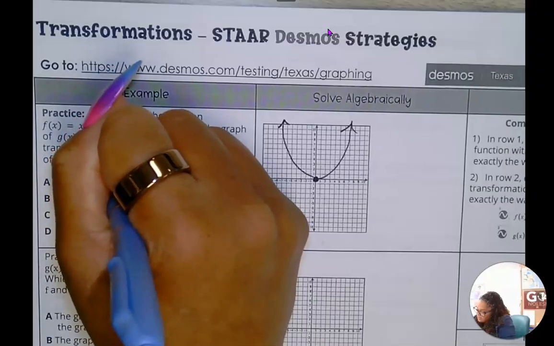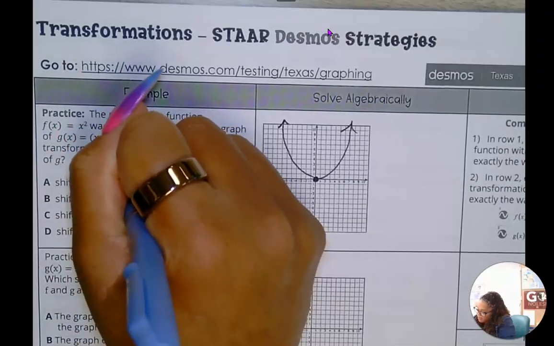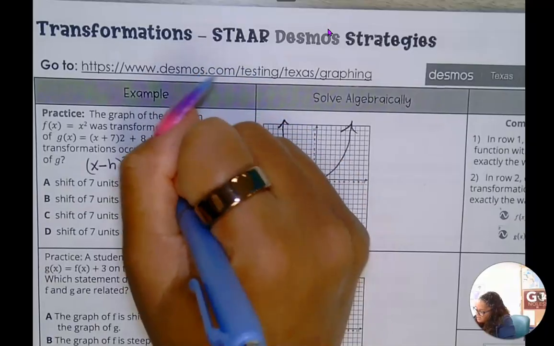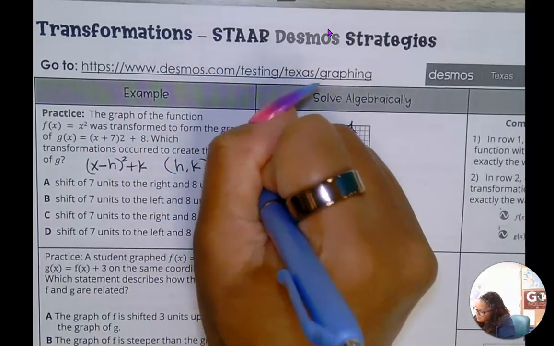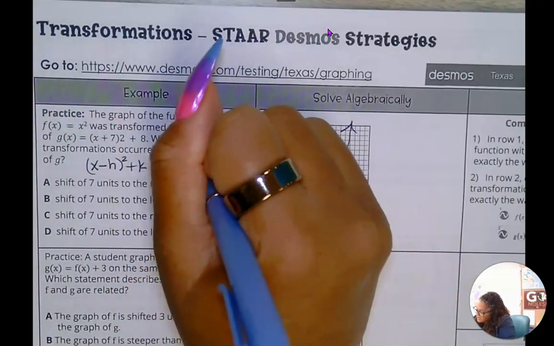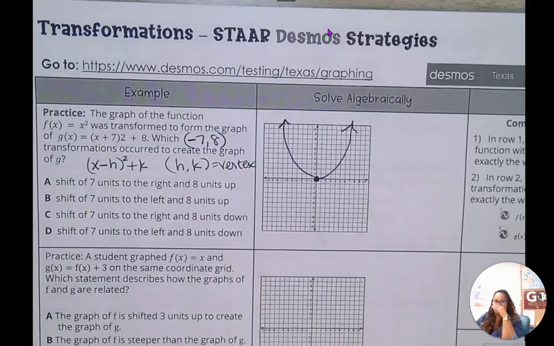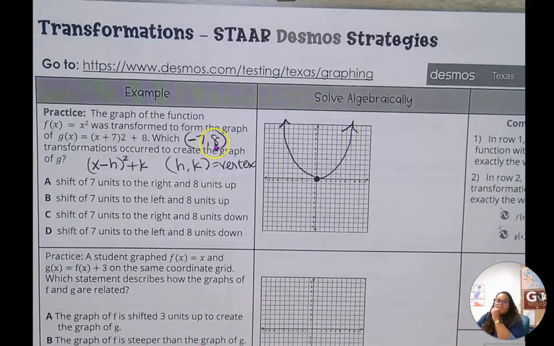So this is (x minus h) to the second power plus k. So h, k is my vertex. So my vertex is -7, 8. So that means my graph has gone 7 units to the left and 8 units up.